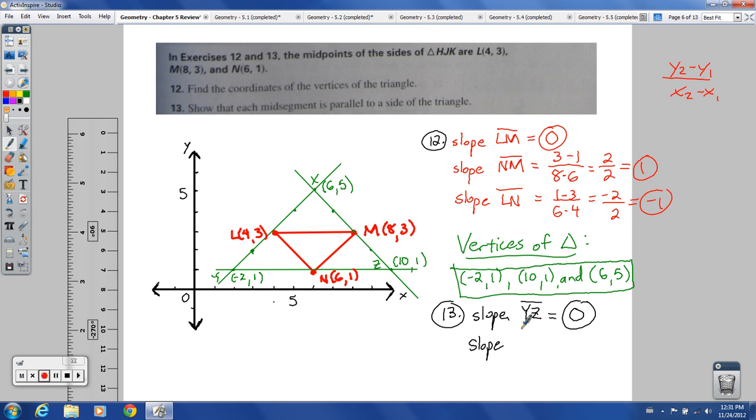Slope of, we could look at xy or yx. Either way would be fine to say it. So this is x1, y1, this is x2, y2. I would say 5 minus 1 over 6 minus -2. And saying that made me rethink what I was doing there. That should not be -2. I don't know what I was doing.